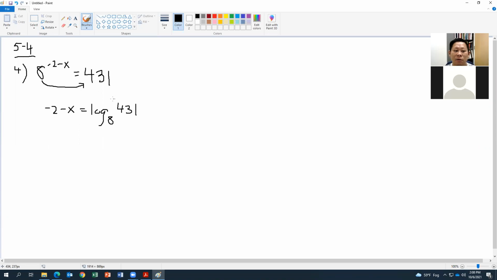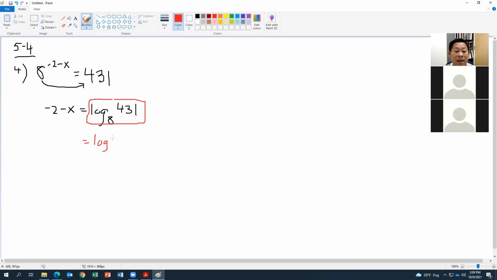Do you guys know what to do with this log base 8 of 431? Anyone? Kevin, Avery, Nukin? How do we do this? It's going to be log 431 over log 8.